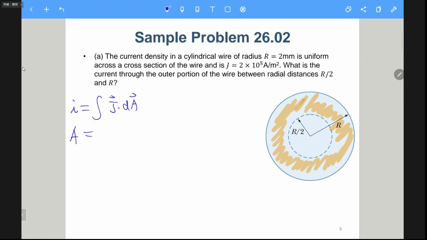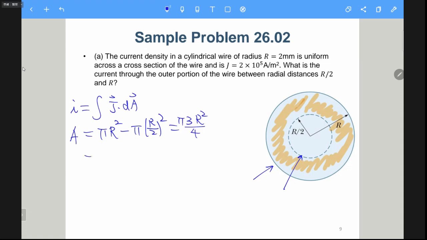A is actually the area of the outer circle minus the area of the inner circle, which is pi R squared minus pi times (R over 2) squared, which is 3/4 R squared pi.